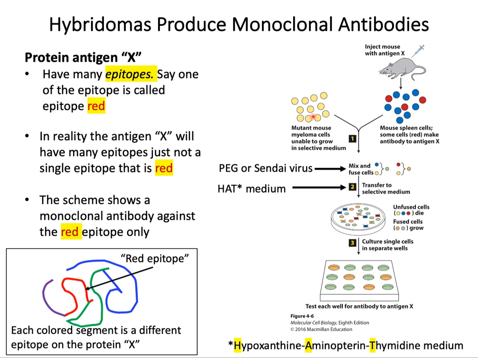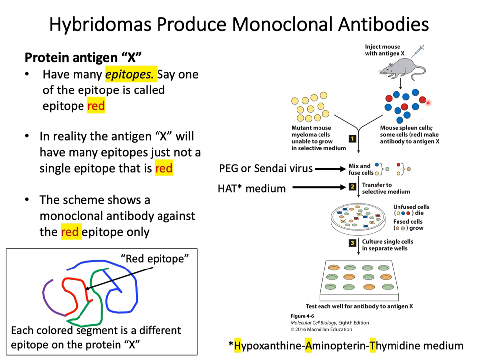But the myeloma cells can use a de novo or salvage pathway, which is separate from the alternative pathway, to synthesize the nucleotide precursor. Subsequently, we will see the use of a media known as HAT, or hypoxanthine aminopterin thymidine media. This is a selection media which blocks the de novo pathway.